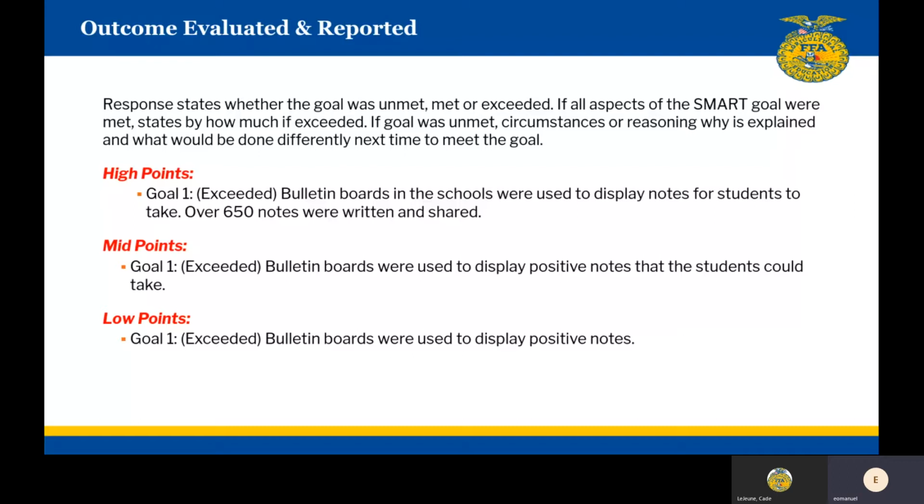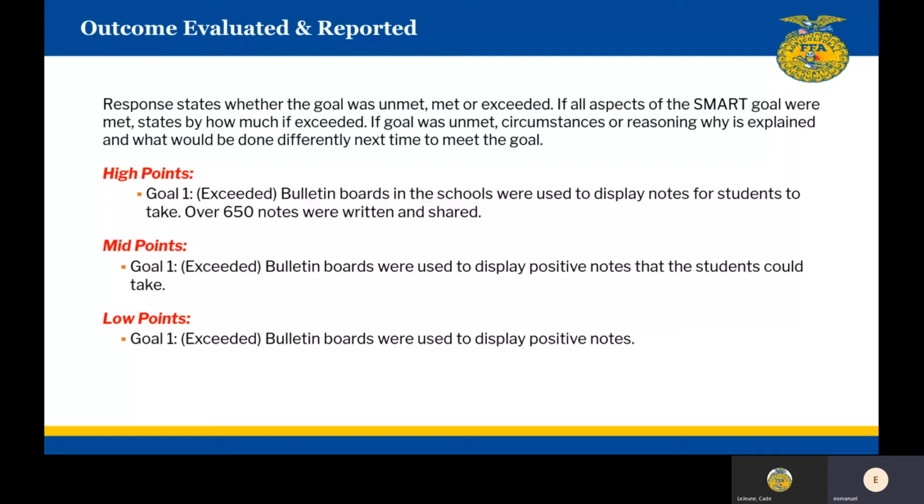So you just want to make sure that you're choosing what's appropriate for the activity and then explaining whether it was exceeded, met, or unmet. And these examples show you what would give you points. That's why I like to make sure that my kids really put something measurable, preferably some kind of number in their SMART goal, because then they can come back to that number like they did with how many notes.